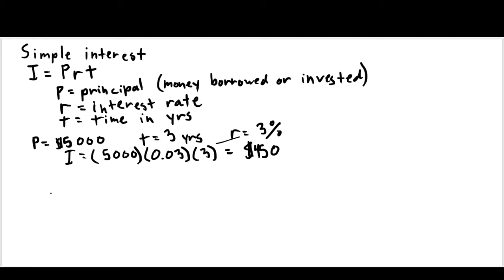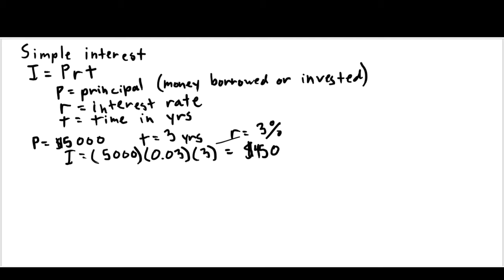Now, in most accounts, like investment accounts, the type of interest is not simple interest, but it is compound interest. With compound interest, the interest is compounded periodically. That means that if it's compounded, say, monthly, every month the simple interest is computed and then added back in.